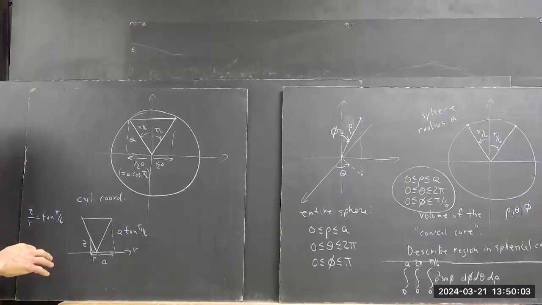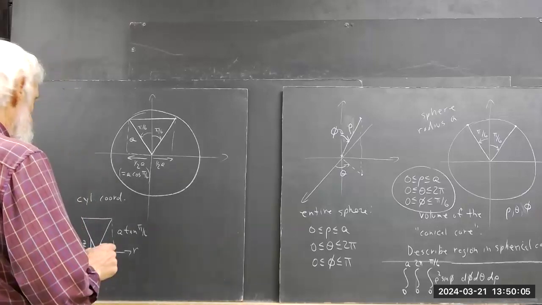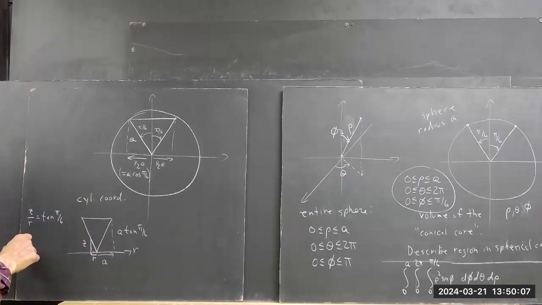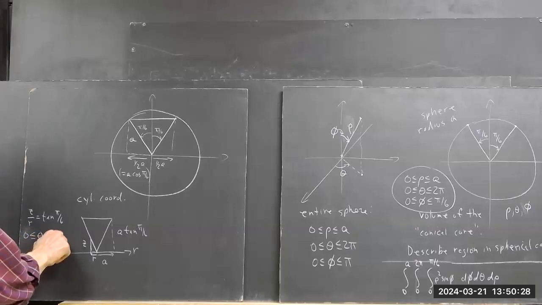So our region could be: theta would go from 0 to 2 pi.